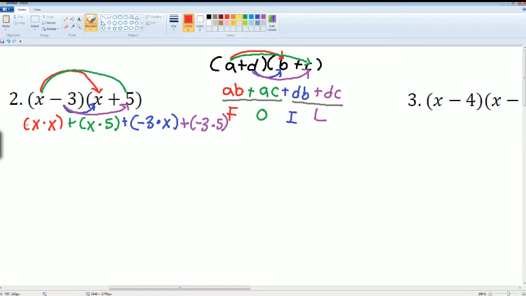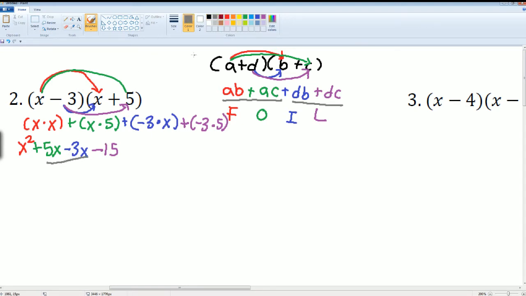Here, let's bring that all together. X times x becomes x squared. Then you have your x times 5, which is 5x. Then you have your blue, negative 3 times x, negative 3x. Then you have your negative 3 times 5, which is negative 15. Here we can simplify. Please make note that these two are like terms.